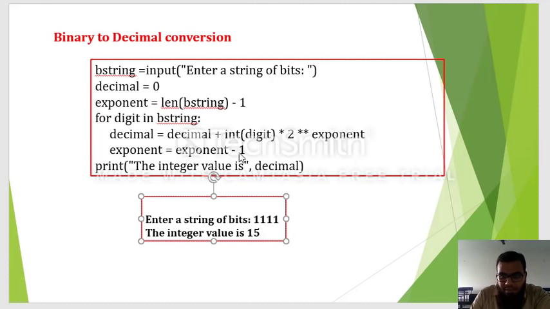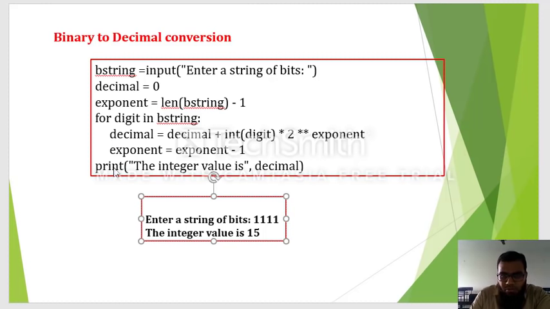Then again the exponent value will be decreased. Then 2 power 1 into 1. Like that, this whole for loop will be traversed from this location to this location. So your final output will be stored in decimal.